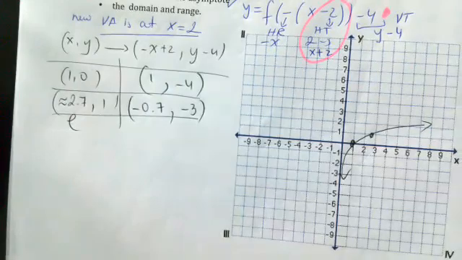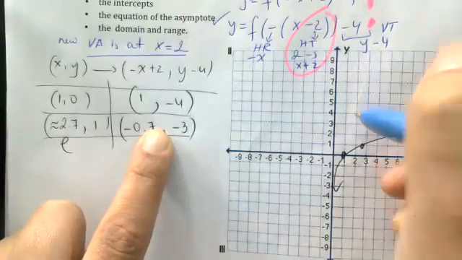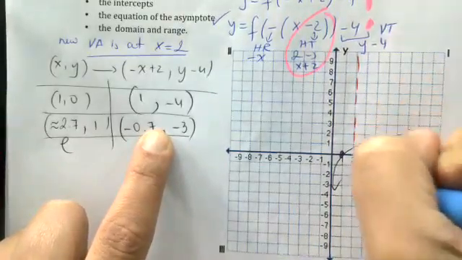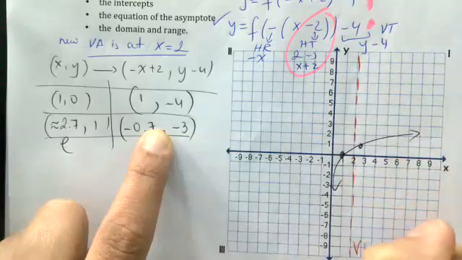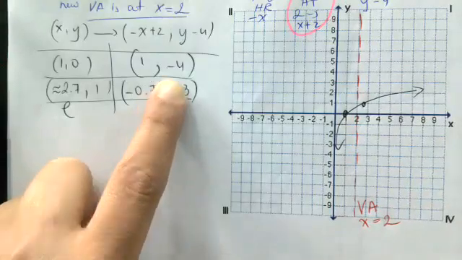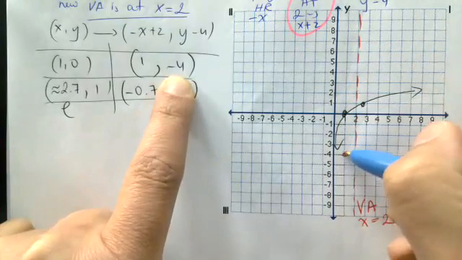Vertical asymptote first, and then the points, and then the graph. That's 2. One, negative 4, right there.